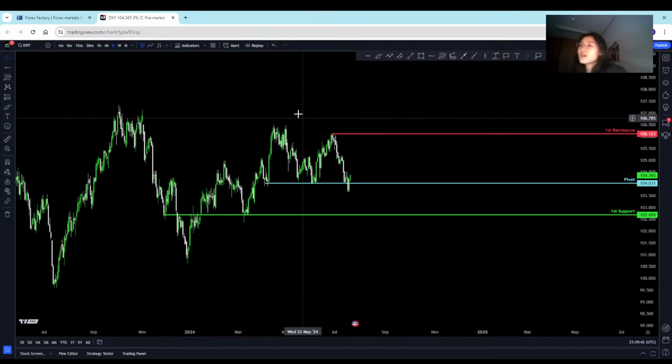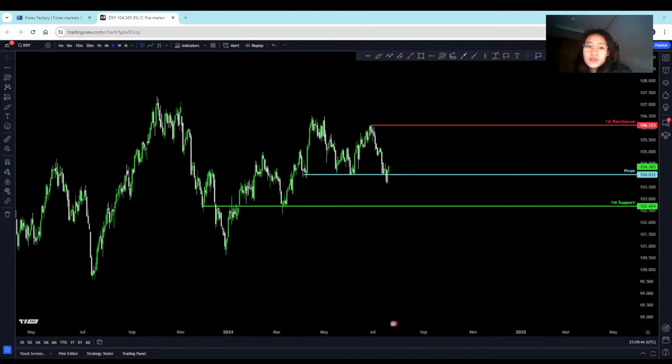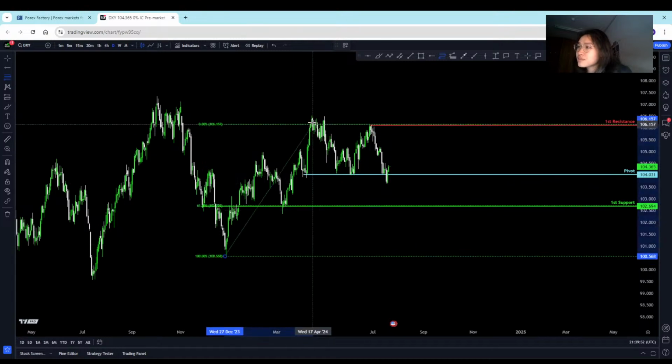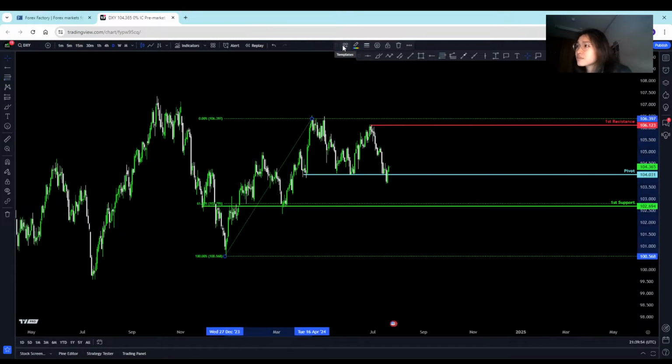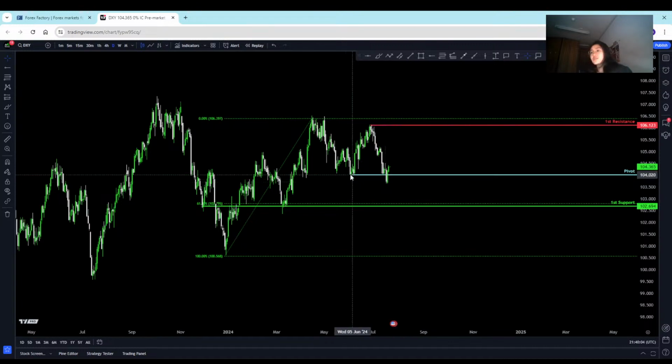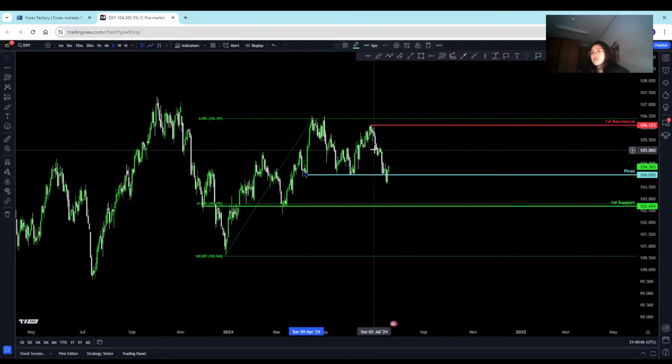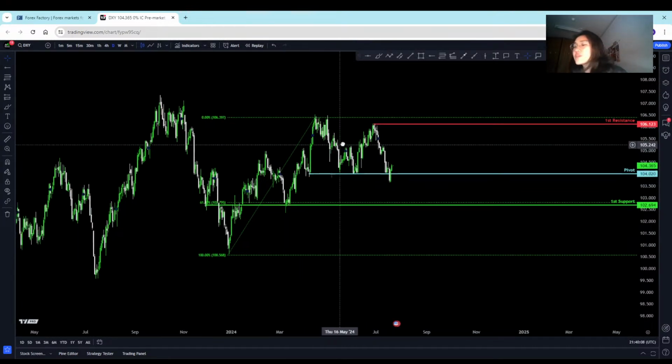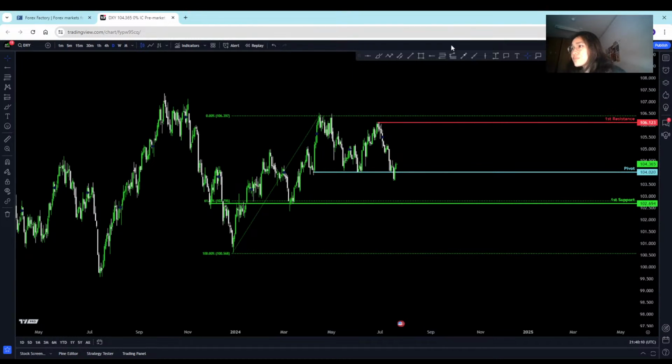Now going in with our Fibonacci levels. You can see my 61.8 lines up nicely.